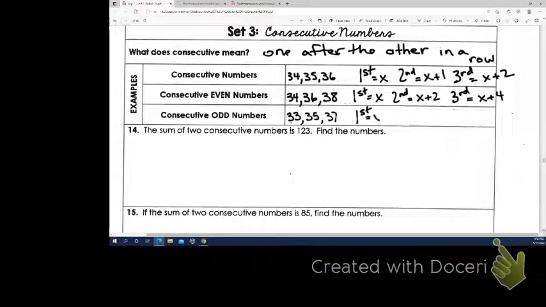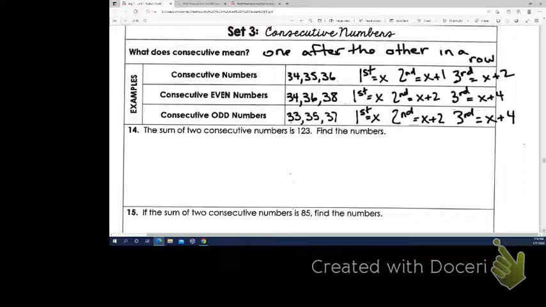So the first one is still x, second one is x plus 2, and the third one is x plus 4. So it does not matter whether the problem is consecutive even or odd. Your setup for those two situations is the same. What makes your answers even or odd has to do with the number that you were given, not something that you control.